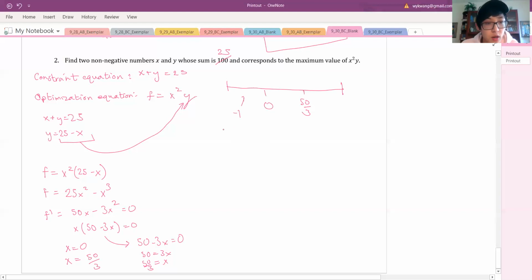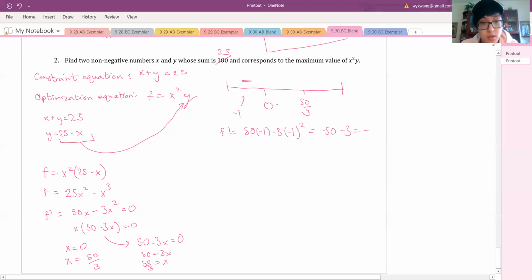So at -1, f prime is equal to 50 times -1 minus 3 times -1 squared. That's going to be equal to -50 minus 3, so it's a negative number. Okay, it looks like 0 is going to be a minimum.